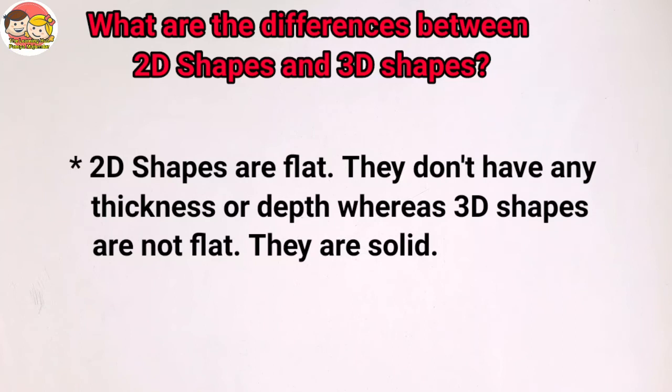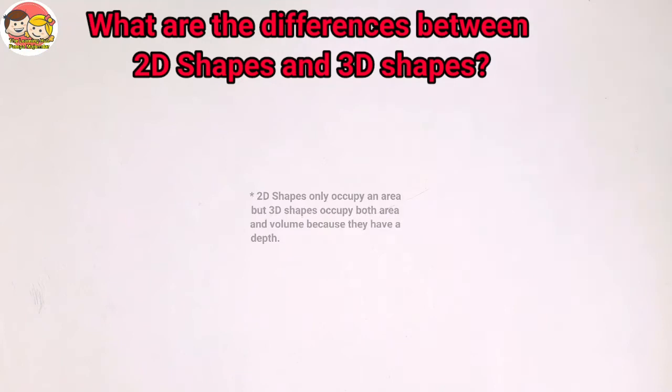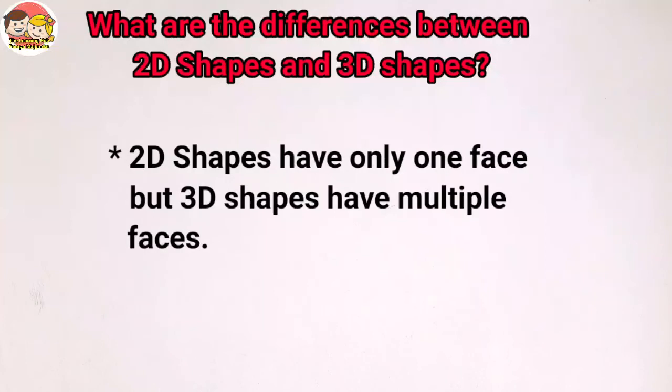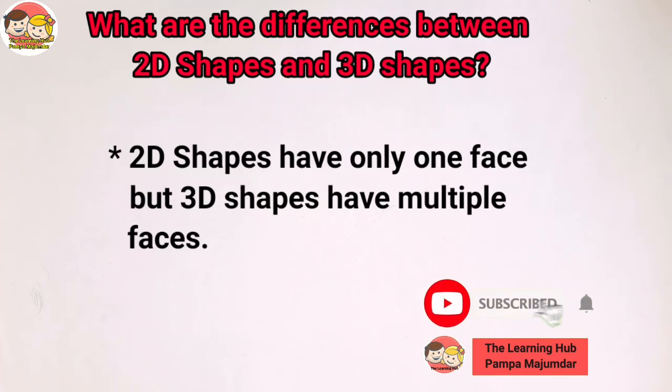Whereas 3D shapes are not flat, they are solid. 2D shapes only occupy an area, but 3D shapes occupy both area and volume because they have a depth. 2D shapes have only one face, but 3D shapes have multiple faces. Hope now you can understand the difference between 2D shapes and 3D shapes.